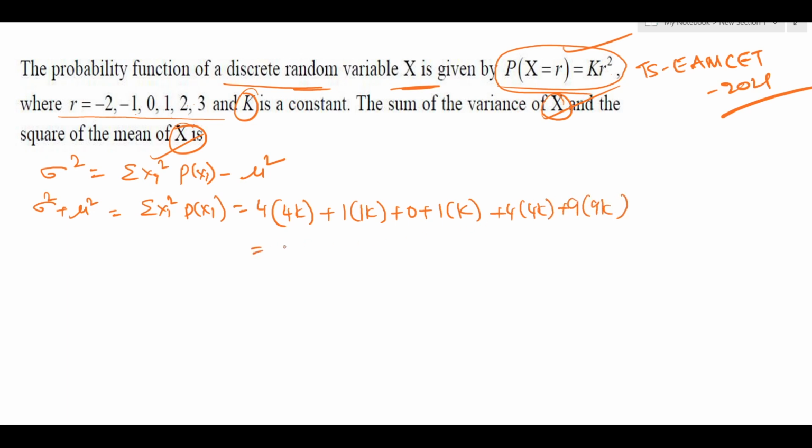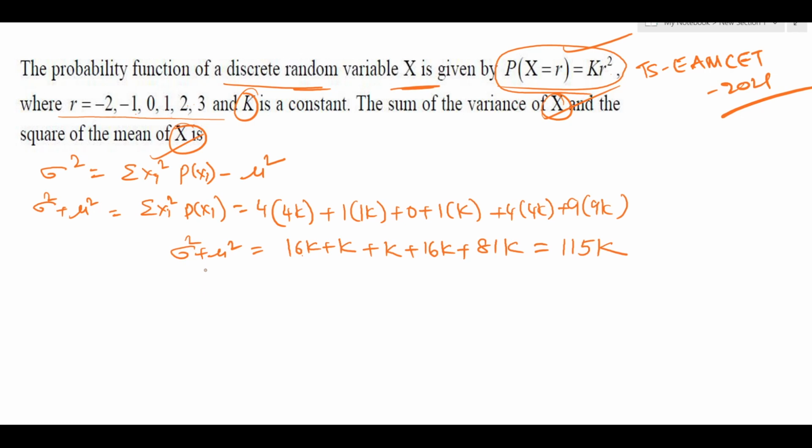That is 16k plus k plus k plus 16k plus 81k, that is 115k. This is sigma square plus mu square is equal to 115k.